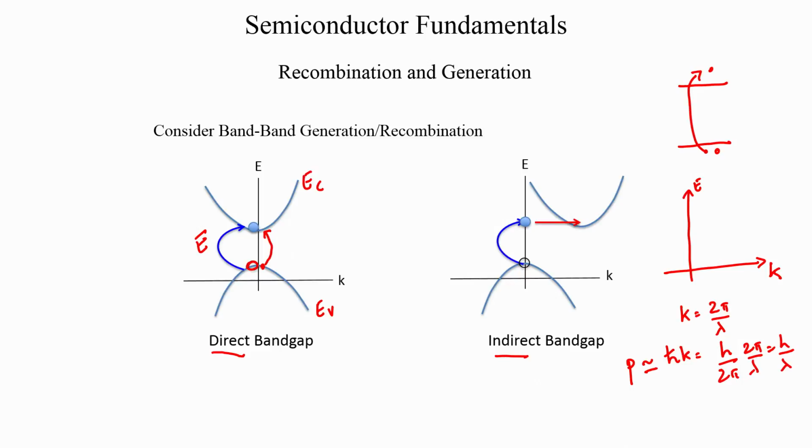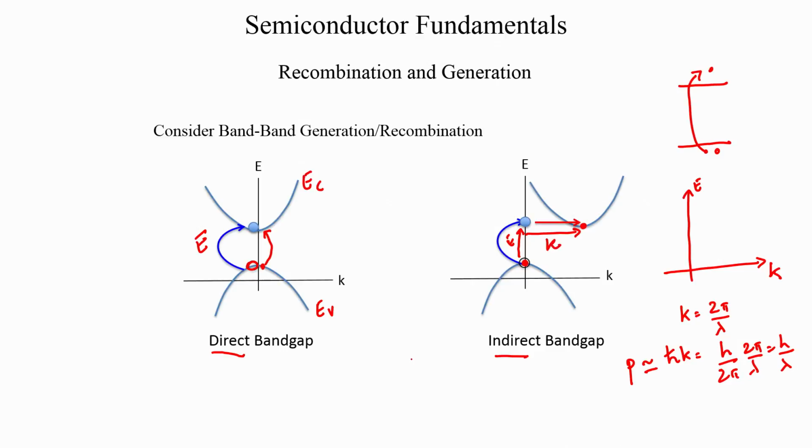On the other hand, if I have an indirect band gap semiconductor, for the electron to go from the valence band to a state in the conduction band, we not only need an increase in energy, but we also need a change in momentum. So, both E and k have to change.